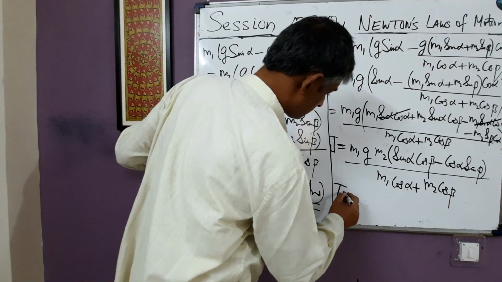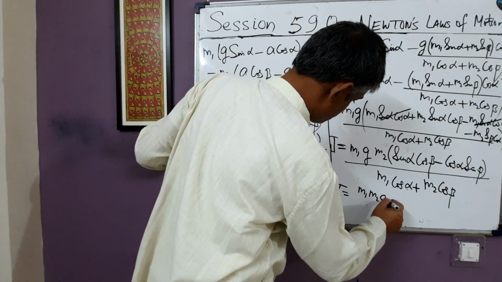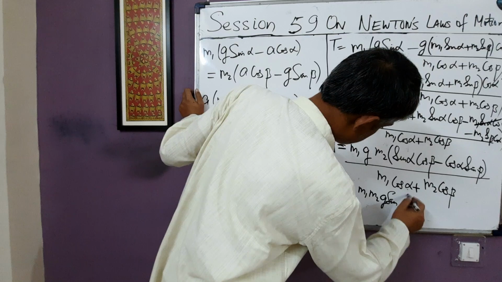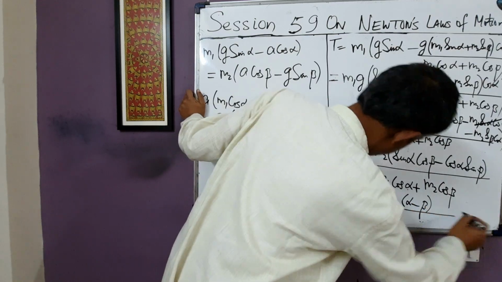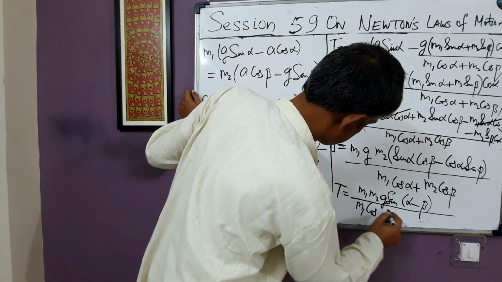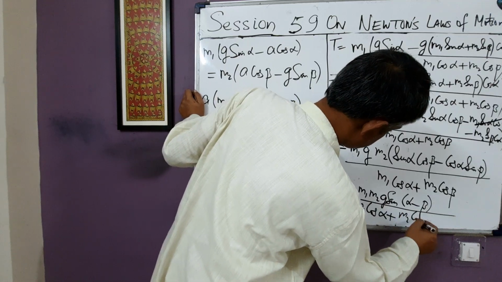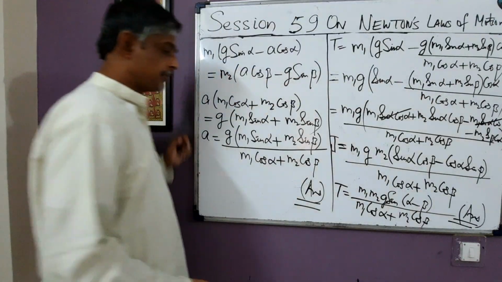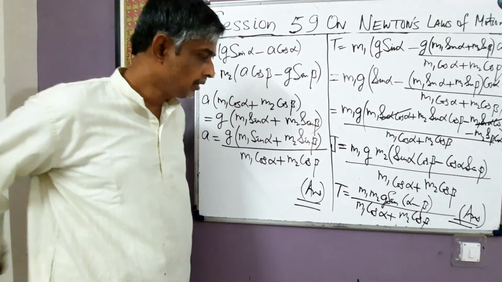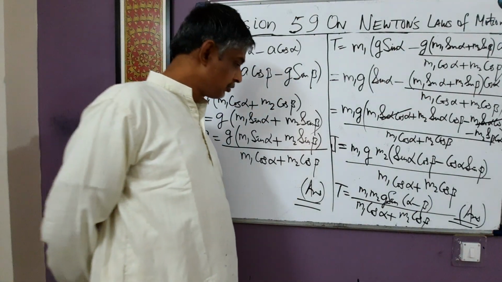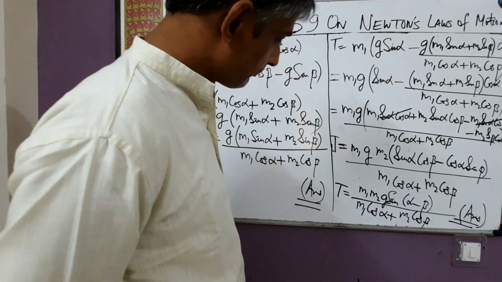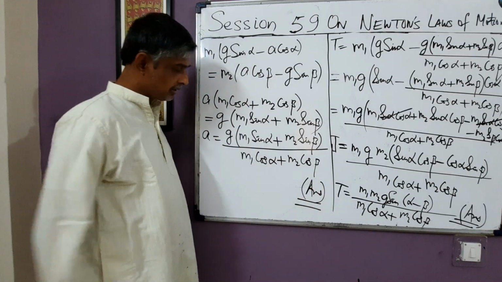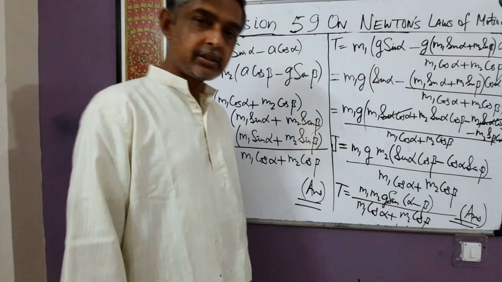So T becomes M1 M2 g. This is nothing but the sin A minus B formula from trigonometry, which is sin of alpha minus beta upon M1 cos alpha plus M2 cos beta, which is therefore the answer to the second part of the question. So T is equal to M1 M2 g sin alpha minus beta by M1 cos alpha plus M2 cos beta. These are the two answers to this question. So A and T have been determined. I hope it is clear.